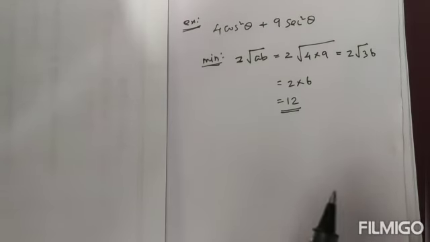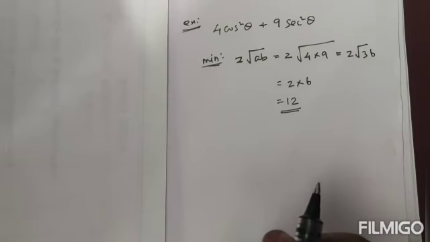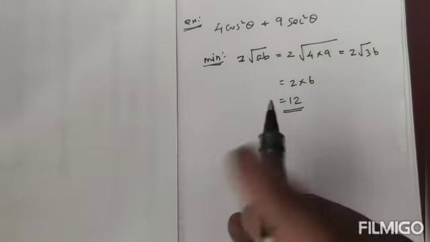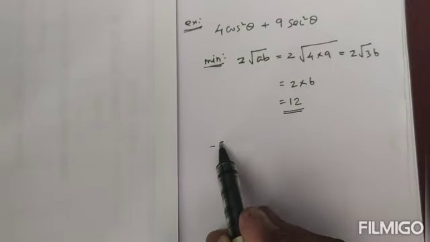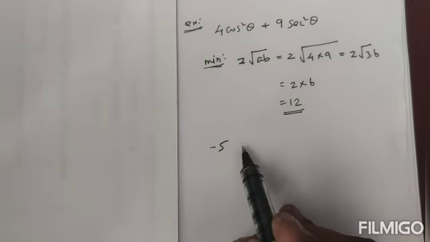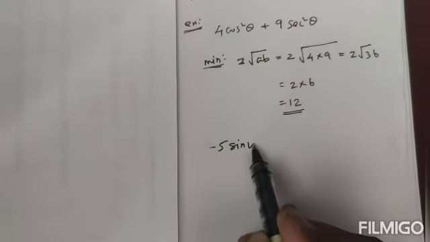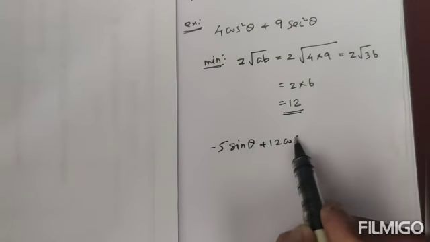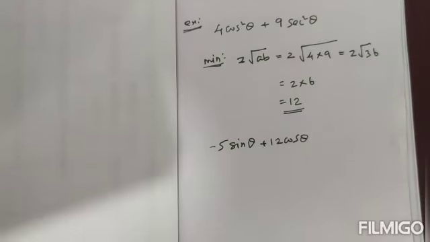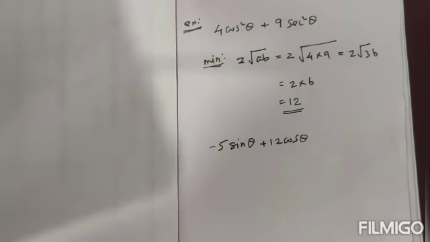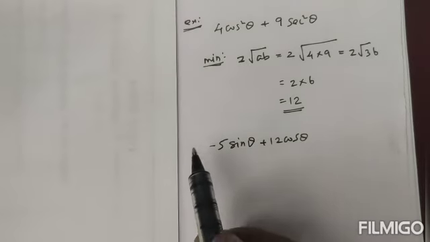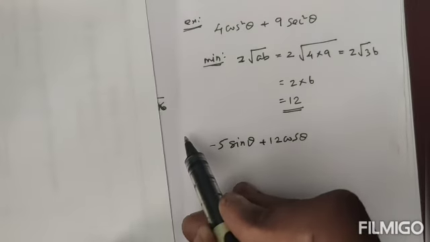I will read the actual question: the greatest value of the function minus 5 sin theta plus 12 cos theta. So this is the given question. The options are 12, 13, 7 and 17. So this is question number 2 actually.